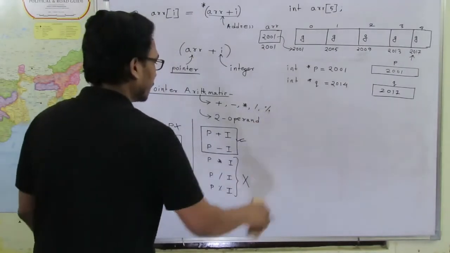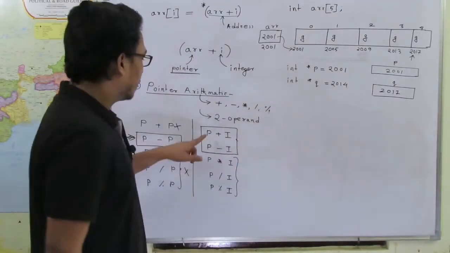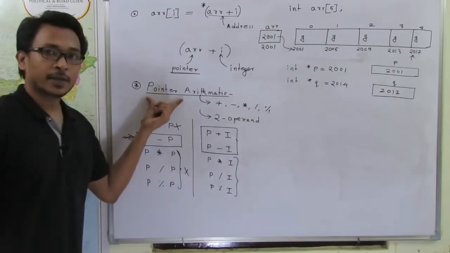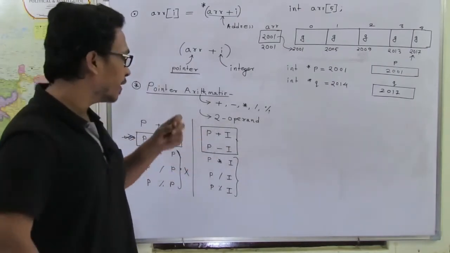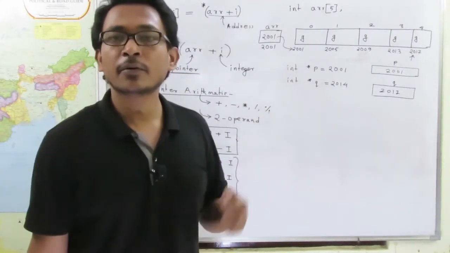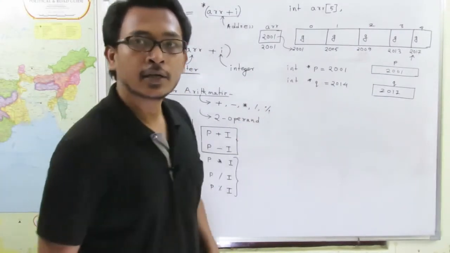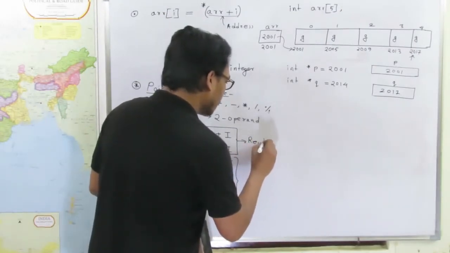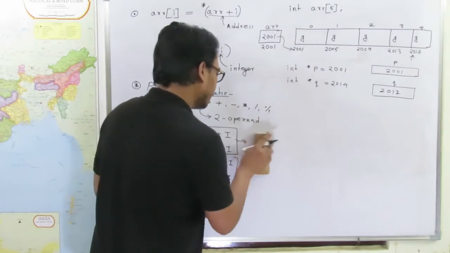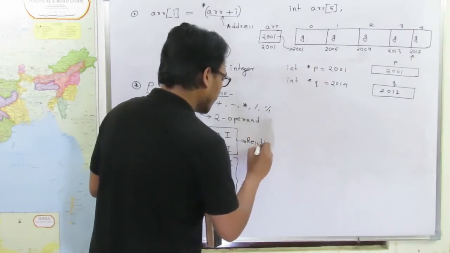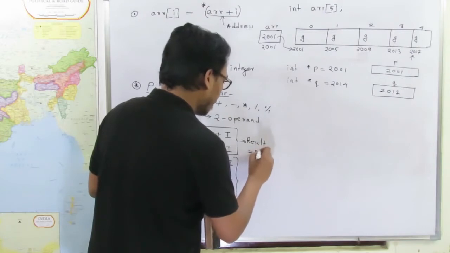Look, in the earlier case the result is not a pointer, even though it is pointer arithmetic. But when one of the operands is a pointer and the other one is an integer, we get the result as a pointer.